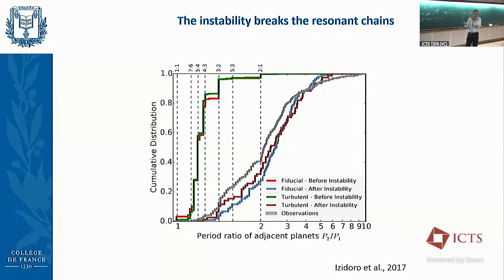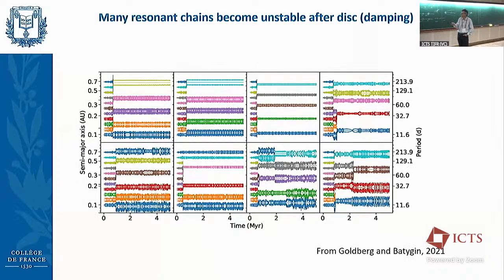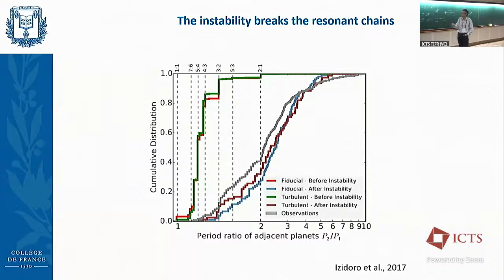Not all of them, because we see a few, but most of them, 95% of the resonance chains become unstable, because after the instabilities like this, the period ratio distribution that we get in the simulation is like this. There are two curves because it's two series of simulations, to show that it's not very model dependent, the results are fairly robust. And so the observed distribution is a combination of this distribution and this distribution, with this distribution weighted by 95%.